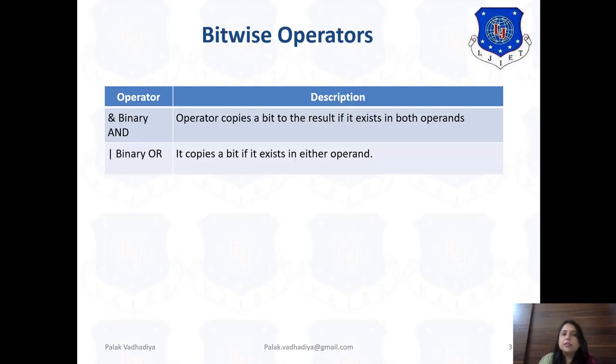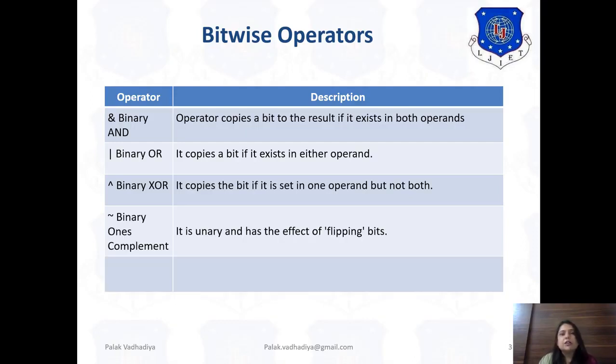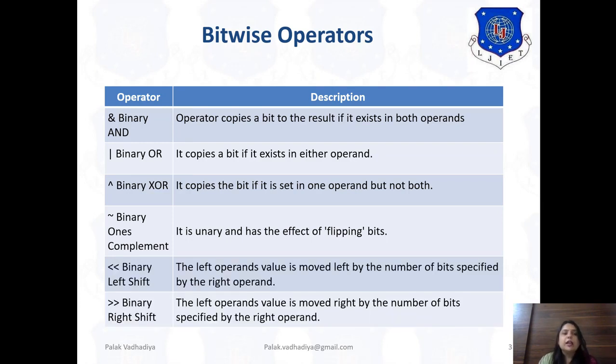It copies the bit if it exists in either operand, same as the digital concept. Third is binary XOR, which copies the bit if it is set in one operand but not both. Next is complement, which changes 1 to 0 and 0 to 1. Then we have binary left shift and binary right shift. The concept is the same as the digital that you have already studied.